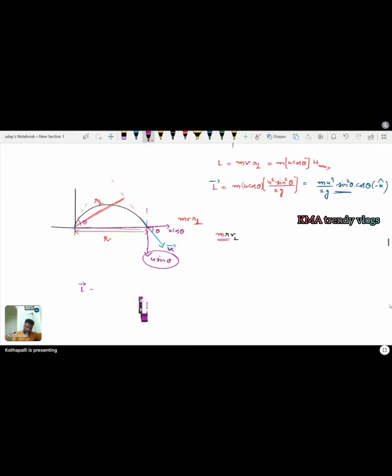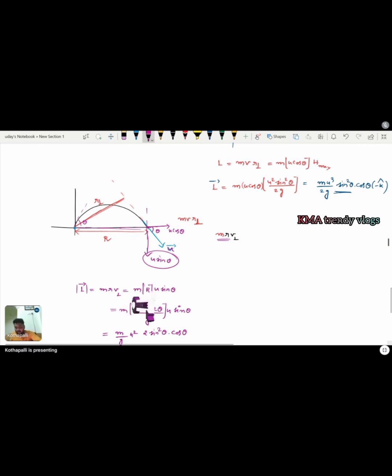L I am taking as m r v perpendicular, where r is the range and v perpendicular is u sin theta. So if I write it, m r is m into u square sin 2 theta by g, into u sin theta, which is m by g into u square sin theta. Sin 2 theta we can write as 2 sin theta into cos theta, so 2 sin theta into cos theta upon 2 sin theta into sin theta gives sin square theta into cos theta.